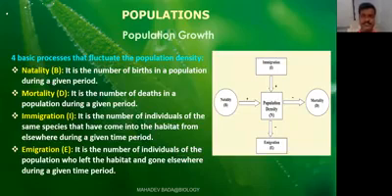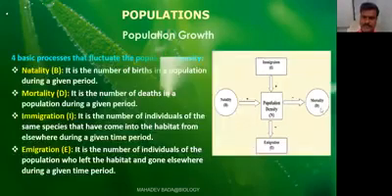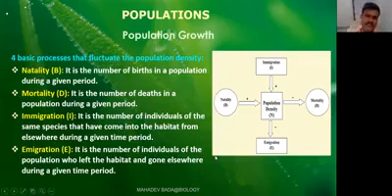And what is natality? If you look at the diagram, immigration is indicated by capital I. Natality is capital B. This will be the population density, mortality will be D, and emigration will be E. So natality is indicated by capital B. It is the number of births in a population during a given period of time.